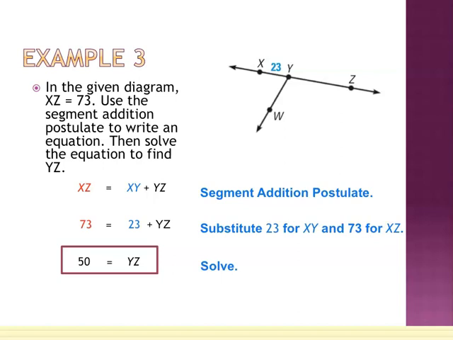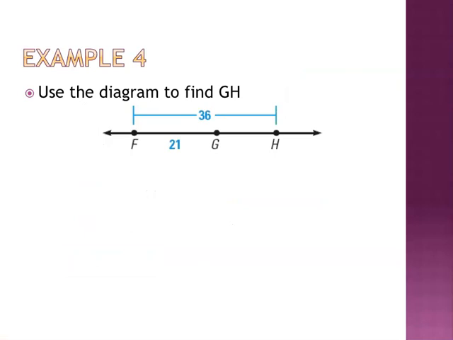Okay, we have one more example. Use the diagram to find GH. Again, let's start off by writing an equation based on the segment addition postulate. And since we're trying to find the measure of GH and we have FG and we have FH, let's try to incorporate all of those into an equation.